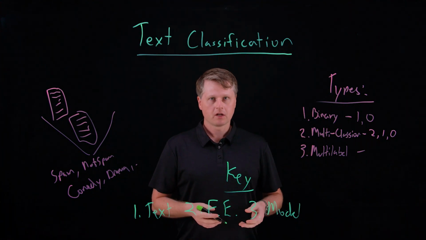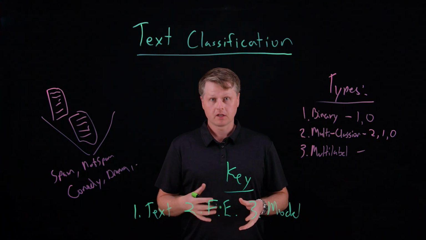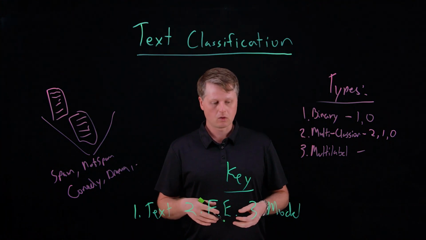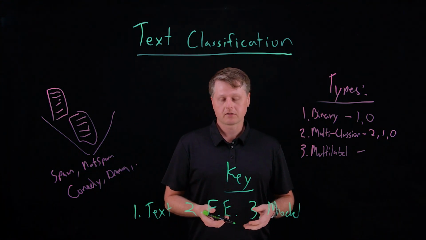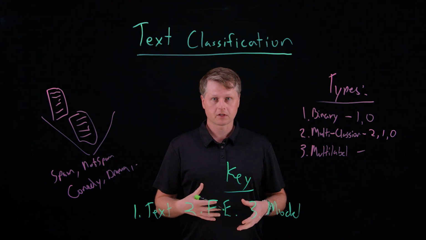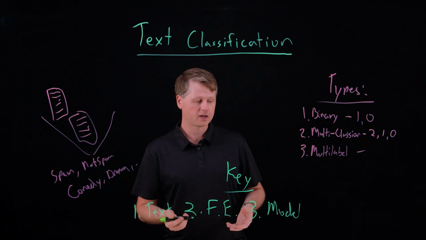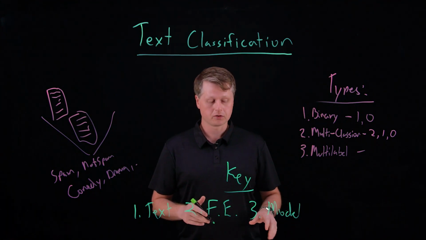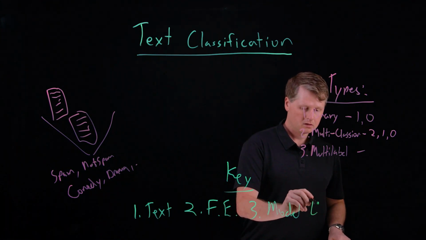So in other words, there could be a model that's built on just classifying spam versus non-spam emails, or classifying different types of movies or different types of news documents. This is where you would select the model that's specific to your use case.